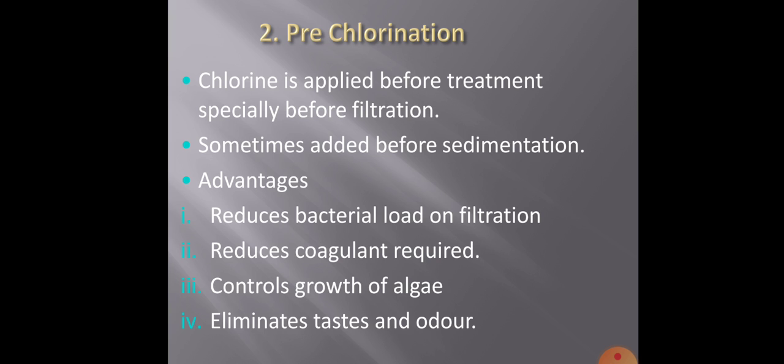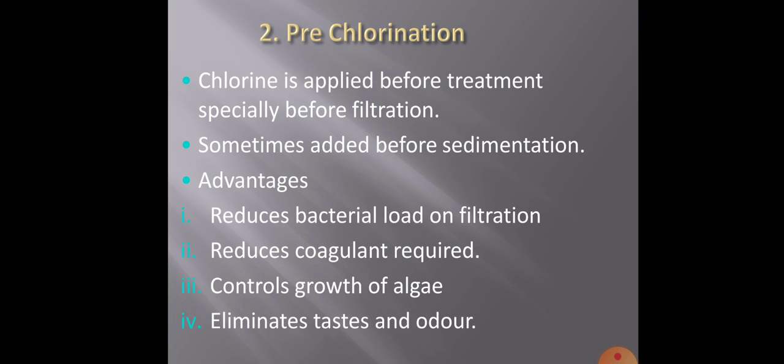When you reduce the load, the filter will run for a longer time, and it also controls the formation of algae and other planktons in the filters, and it will eliminate the odor or taste present in water. So that is pre-chlorination. It is the application of chlorine to water just before the treatment process.